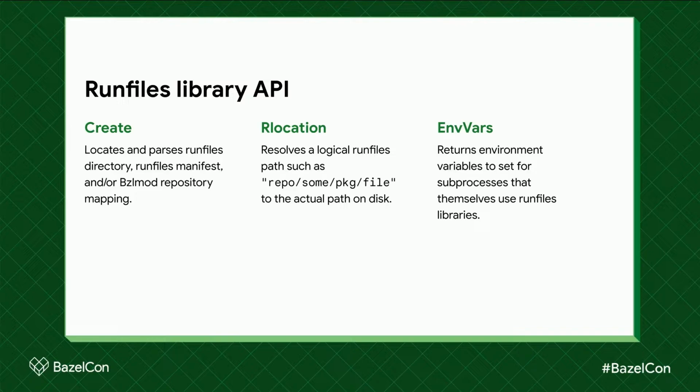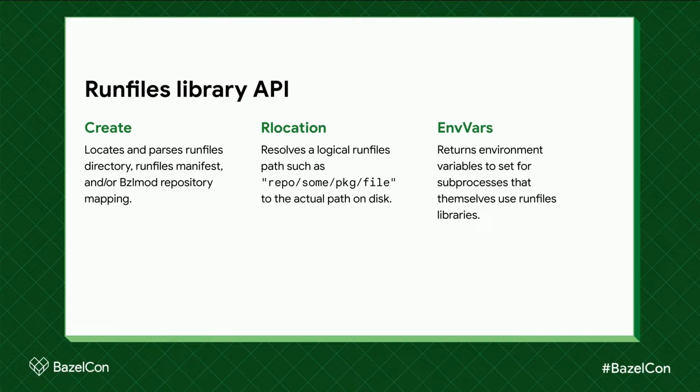And then you can use the rlocation function. And that's the one term to keep in mind from this talk. Rlocation translates a path such as repository name, some package further down the tree, file name, to the actual location on disk, which may be a relative path or an absolute path, but something that you can resolve and use freely, and you will find the file.